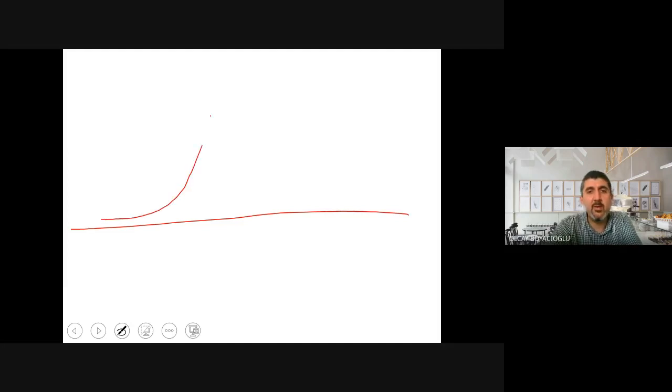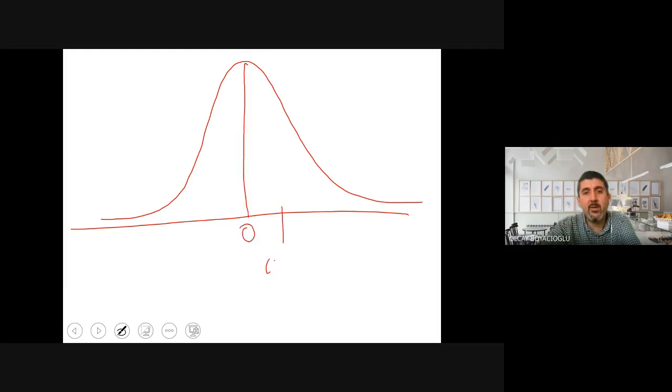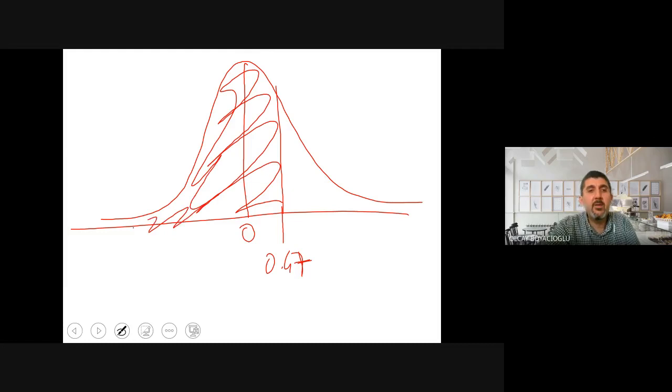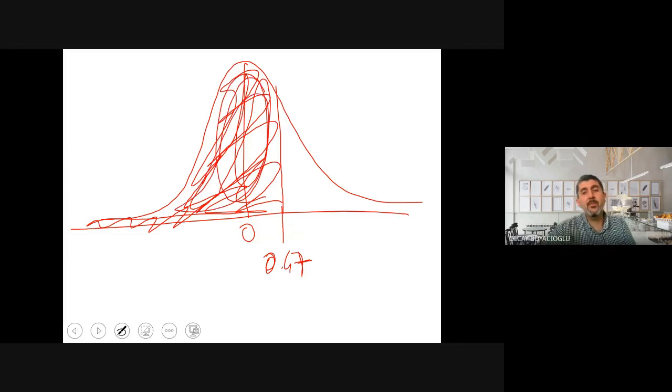My drawing is not exactly like a Z, but imagine it's actually Z. So this is 0, and they're asking about this value, 0.47, to the left of it. So they are asking us to calculate the area under the normal distribution curve to the left of 0.47. Now we need to calculate the area here.